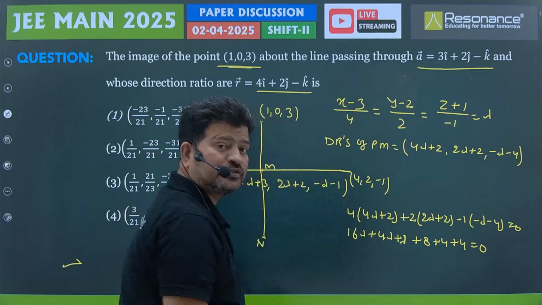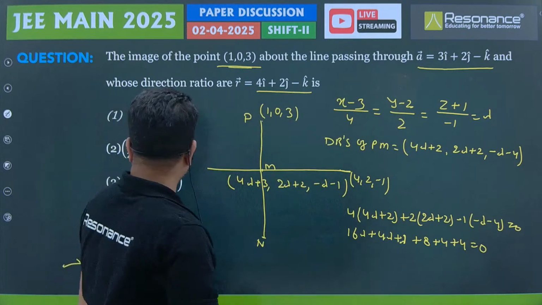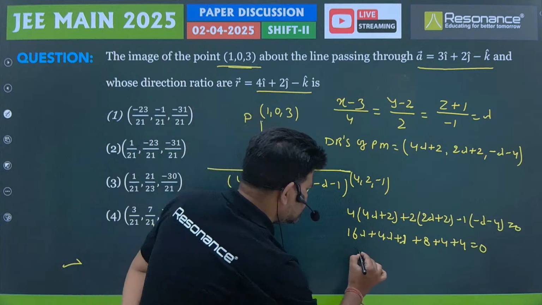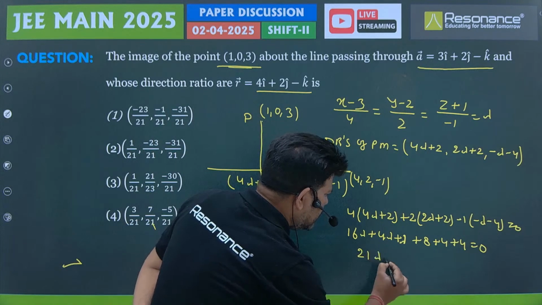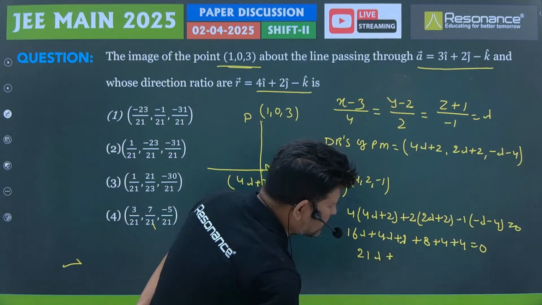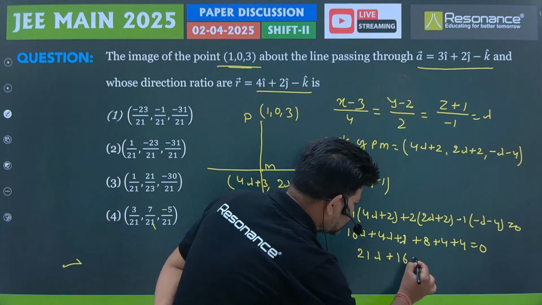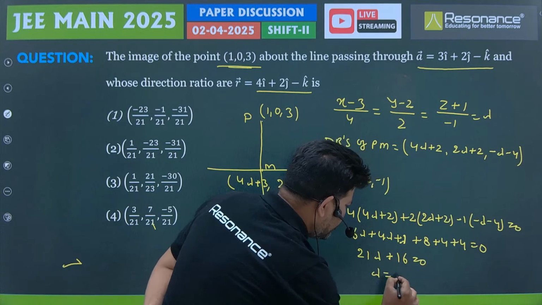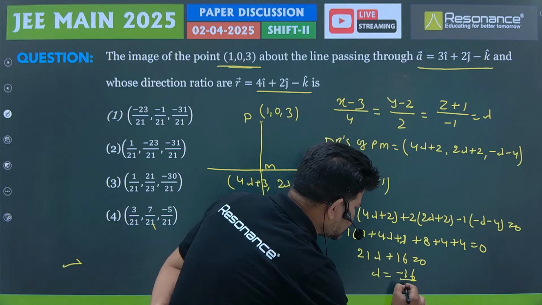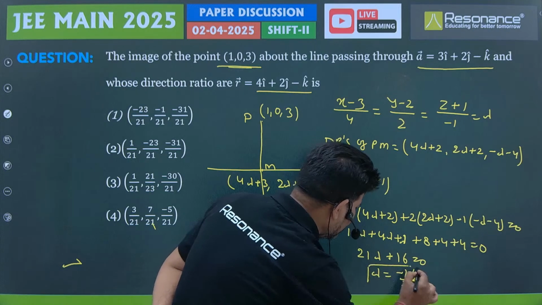Lambda: 16 plus 4 is 20, 20 plus 1 is 21 lambda, plus 16 is equal to 0. So lambda is equal to minus 16 by 21.